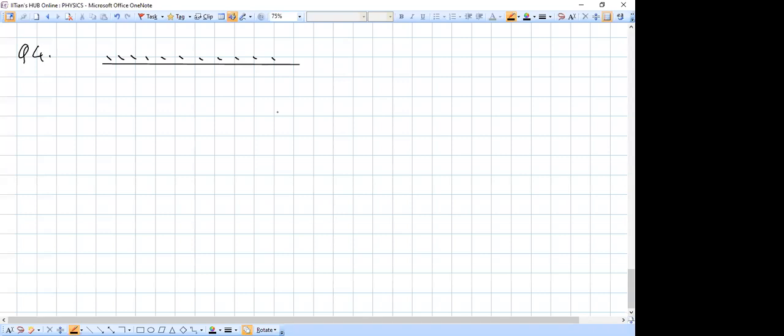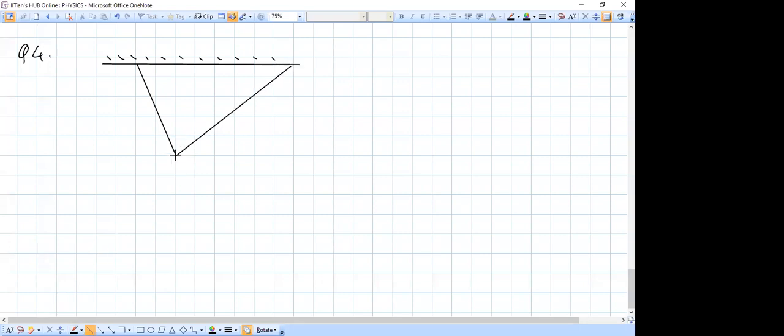Okay, so fourth question, you can see that one string is like this at 60 degrees to the vertical. So let's say it's like this. And the other string is at 45 degrees to the vertical, like this.